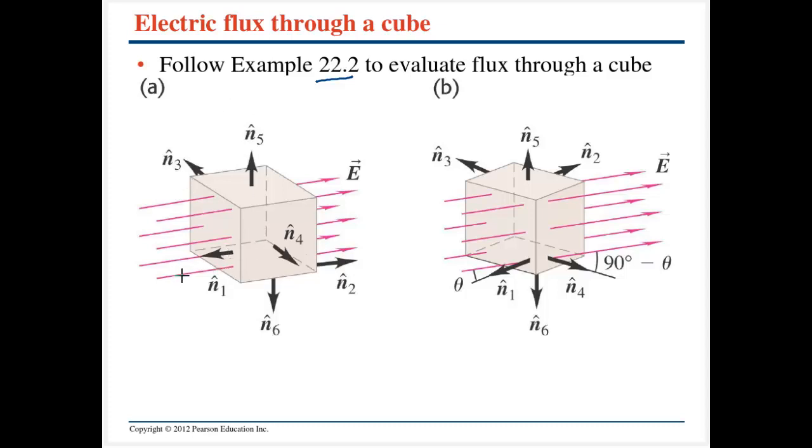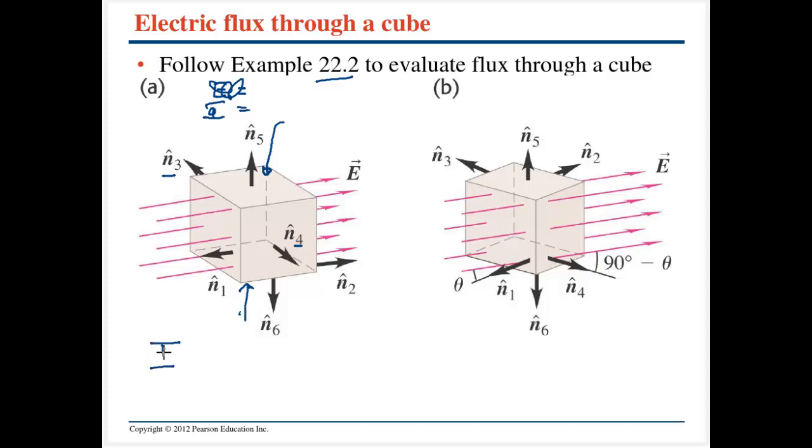Here we have a cube in a uniform electric field. So what's the flux going to be equal to? Well, if we look at it here, through this surface there's going to be no flux, through the bottom surface no flux, and through surfaces 3 and 4 no flux.